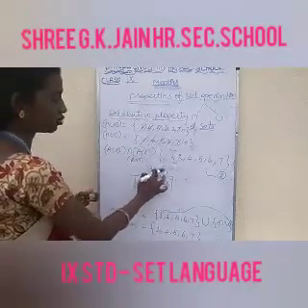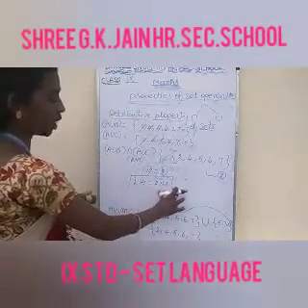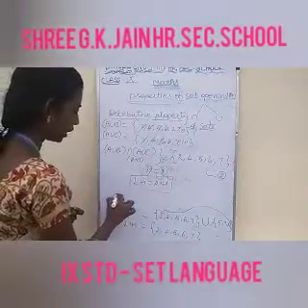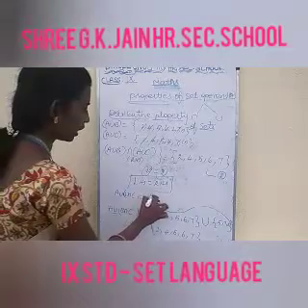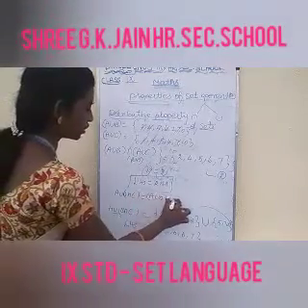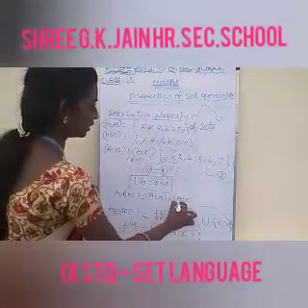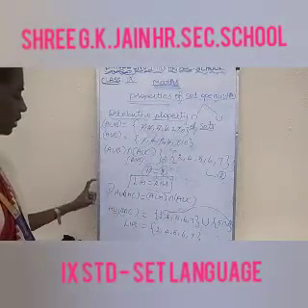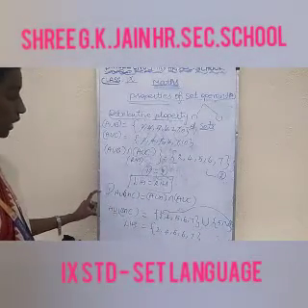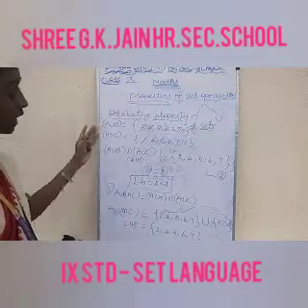By 1 and 2 we get LHS equal to RHS, which means A union (B intersection C) is equal to (A union B) intersection (A union C). This is your first classification, verified based on elements.